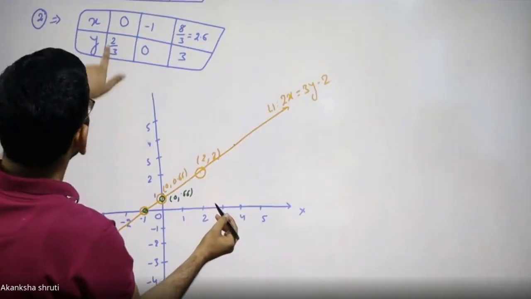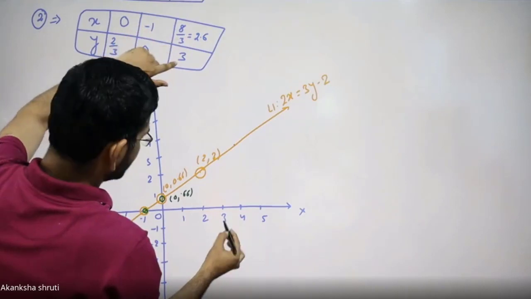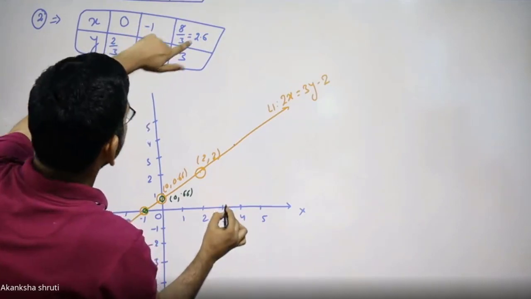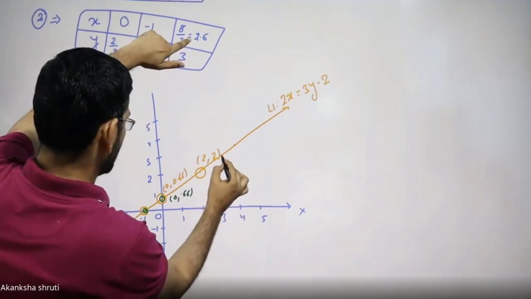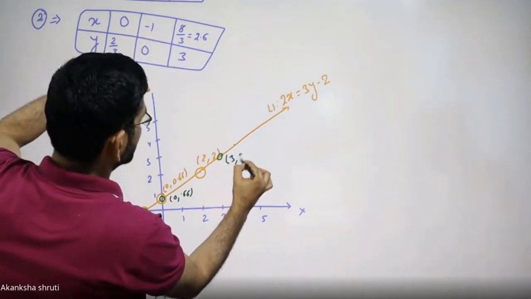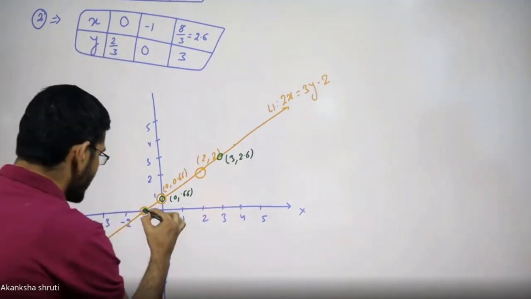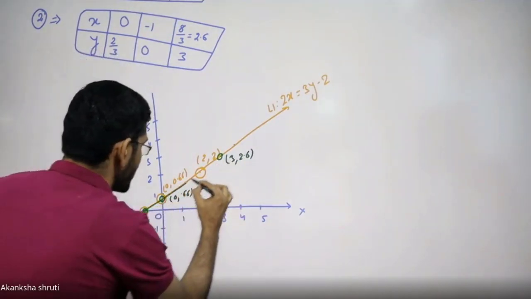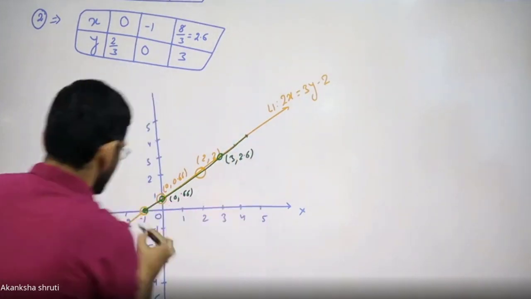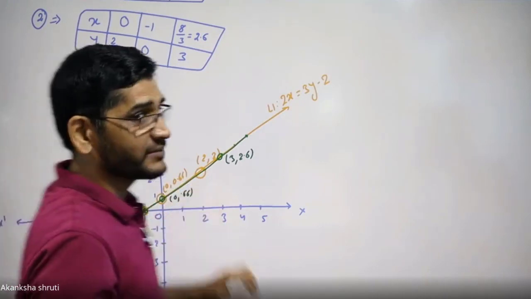These 2 points we have plotted. Now for the third point, x is 3, y is 2.6. It is coming somewhere here. What are we observing? If you join these points, whatever you have plotted, you get these two lines coinciding. So this was the meaning of this.